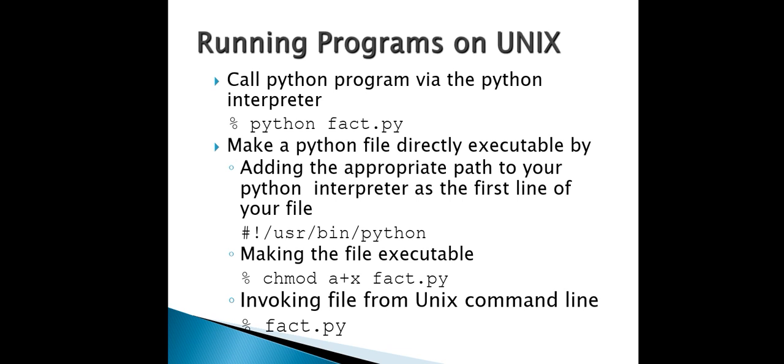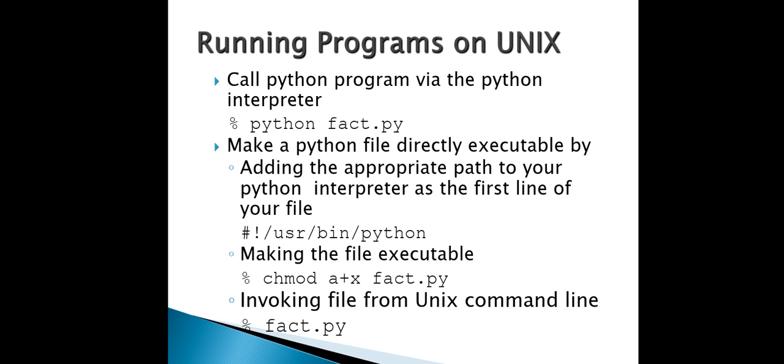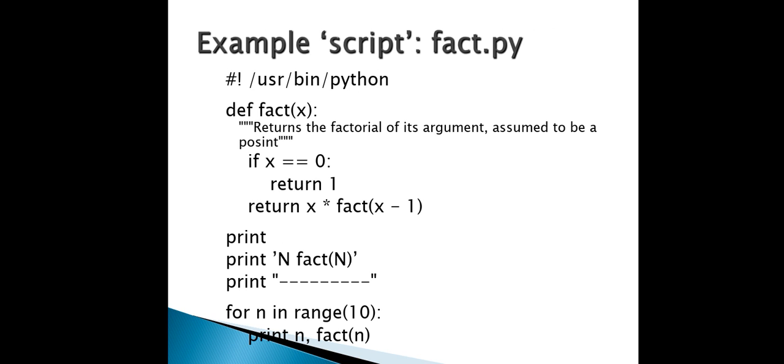Then make the file executable: percent chmod a plus x fact.py, invoking the file from the Unix command line. Invoking means calling. Example, a script: fact.py.